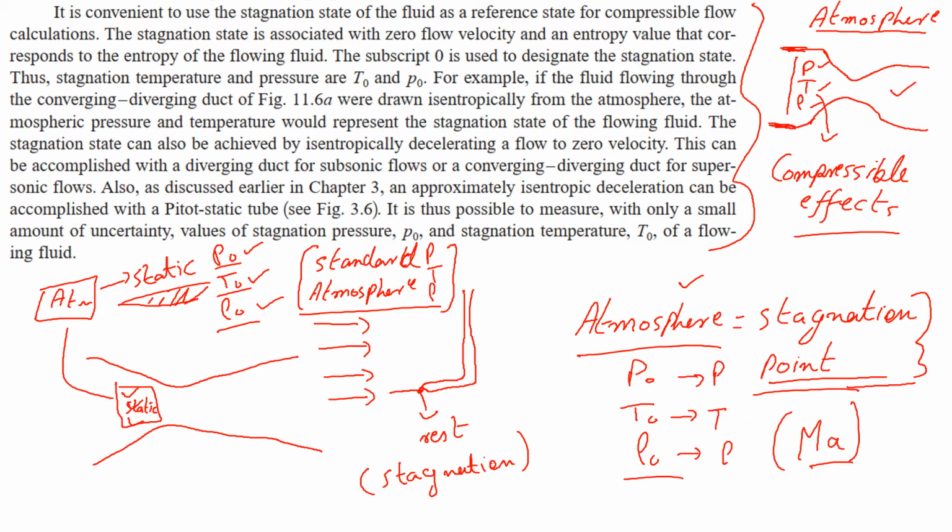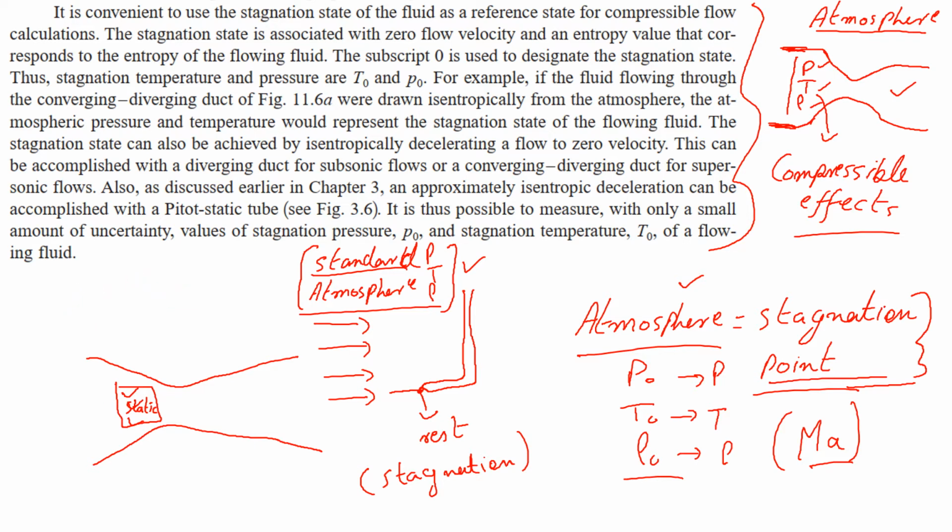These tables are at the end of your Munson book, and you are already familiar with the term standard atmospheric conditions. So we will use standard atmospheric conditions for the stagnation pressure, temperature, and density whenever we encounter them in a problem or an example.